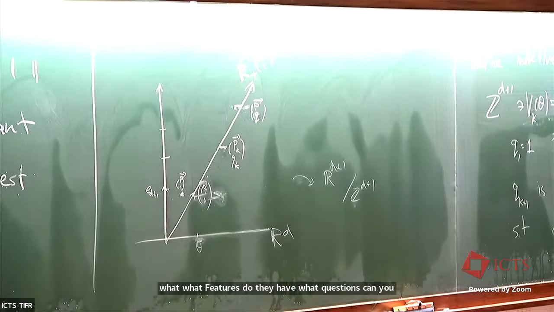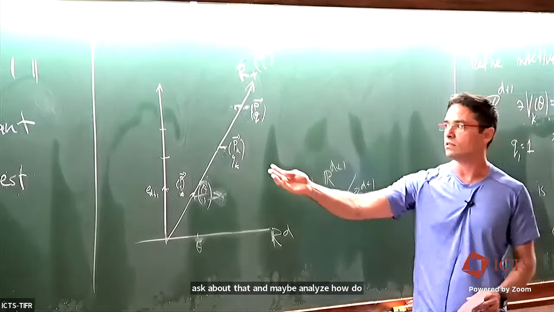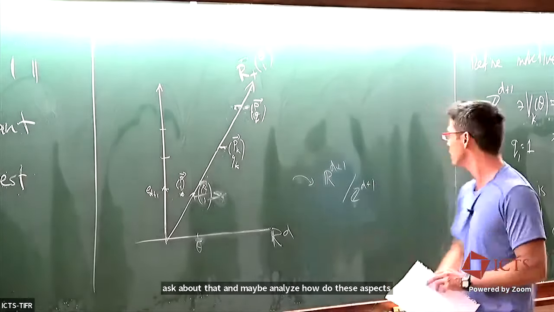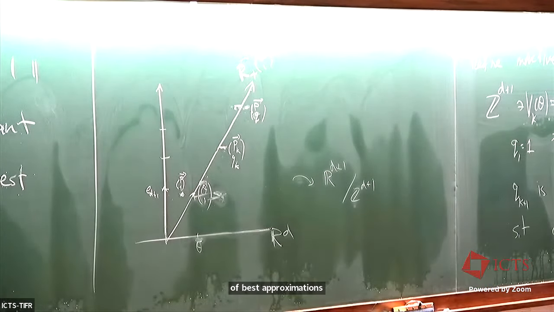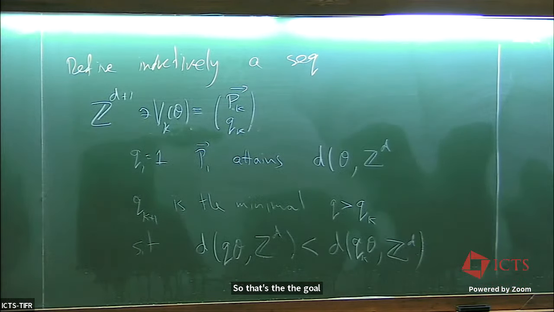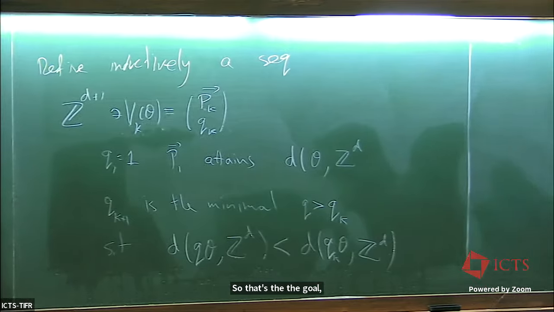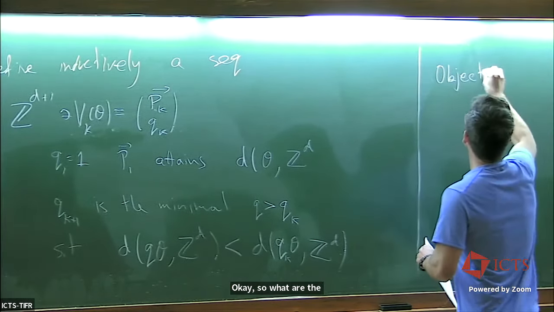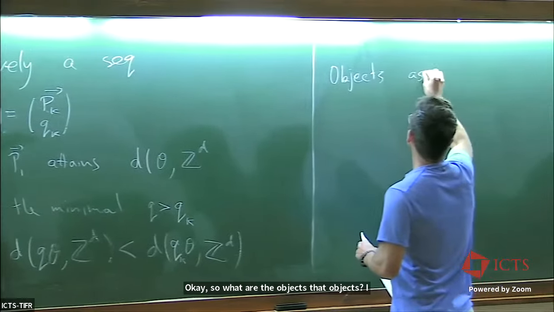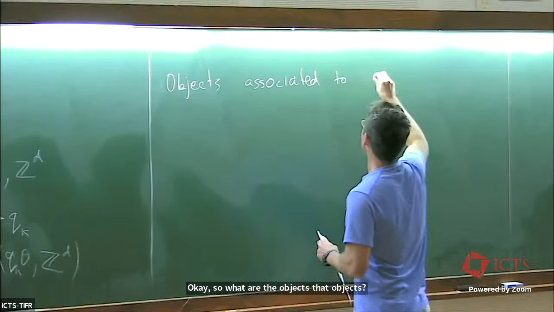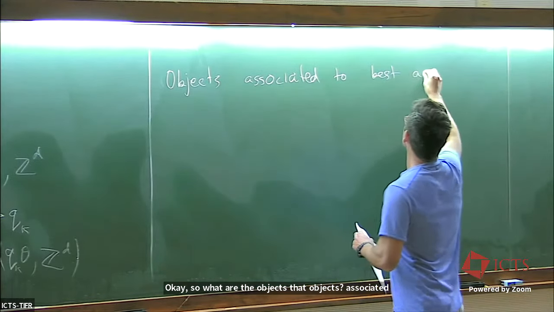And maybe analyze how these aspects of best approximations behave along the sequence. Okay, so that's the goal. So what are the objects associated to best approximations?